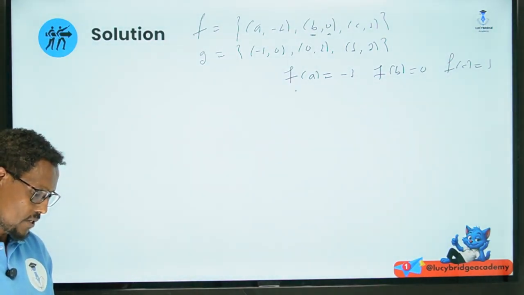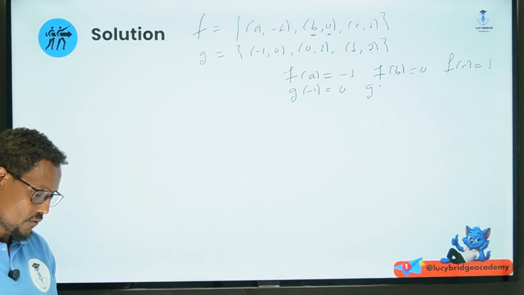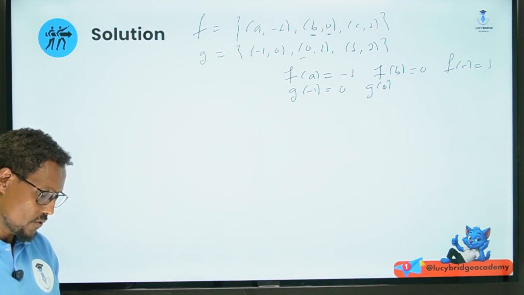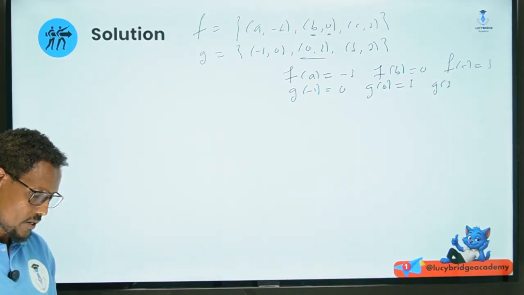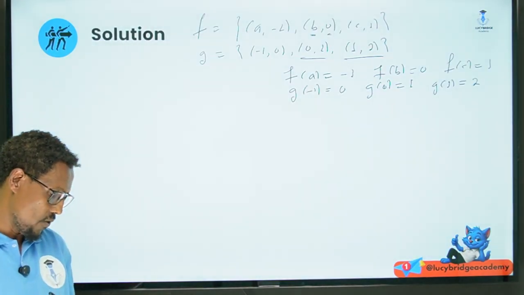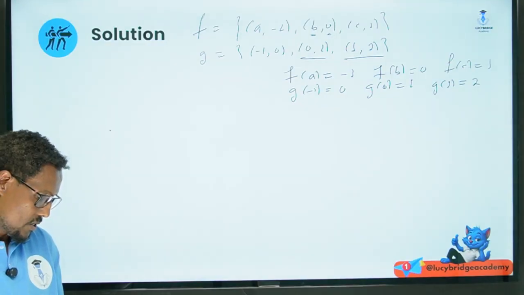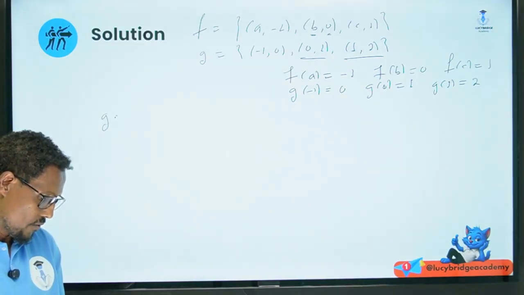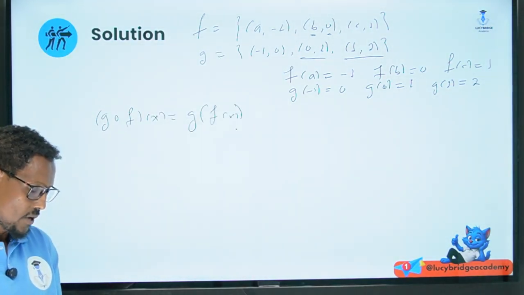And G of -1 is 0, G of 0 is 1, and G of 1 is equal to 2. Now we are asked to find G of F of X.